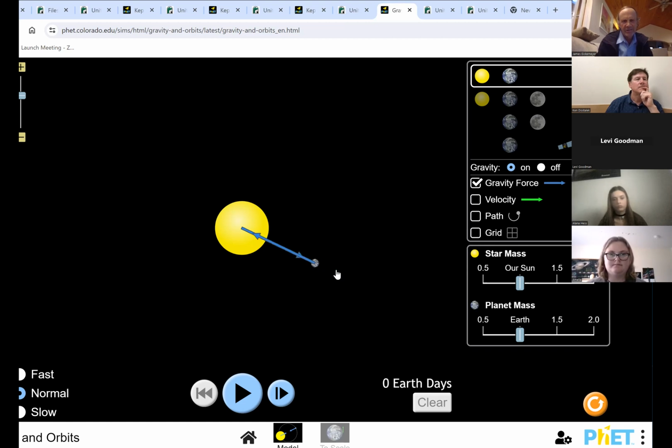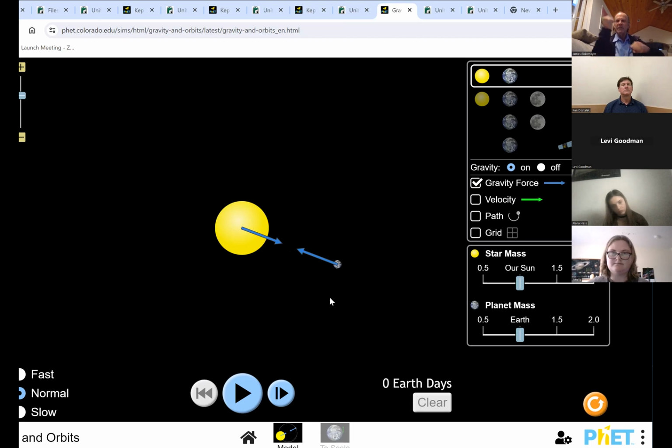Those arrows get much longer, 4 times longer if I move it in twice as close. Whereas if I move it away twice as far, the force gets 4 times less. And so just doubling or halving the distance changes the force by a factor of that squared. And so it's a very, very strong dependence on distance with gravity.